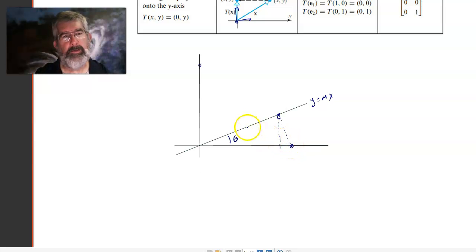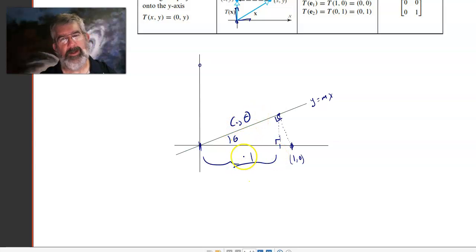So I could get the x-coordinate to here and the y-coordinate up to there if I knew the hypotenuse. Well, I can get the hypotenuse because this first line I dropped was perpendicular. So there's a right triangle with a hypotenuse of 1, because this was the point (1, 0). So this side length is the cosine of that angle. It's the adjacent side of the angle theta with a hypotenuse of 1. Now that I have this as cosine theta, it becomes the hypotenuse for this right triangle, and the x-coordinate here is the hypotenuse times the cosine of the angle, so I end up with cosine squared.